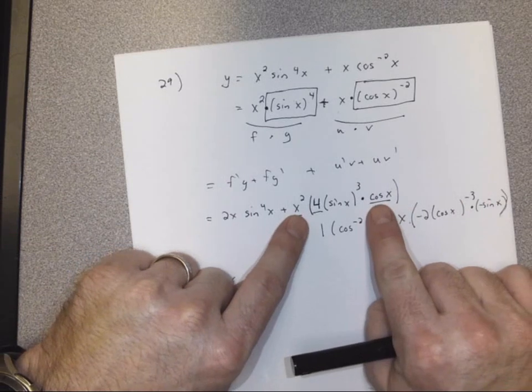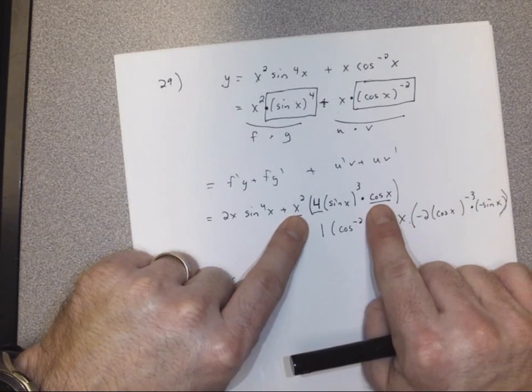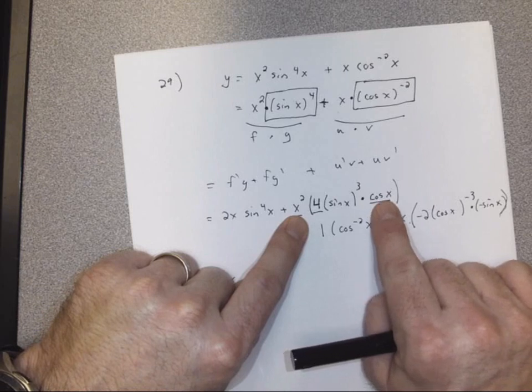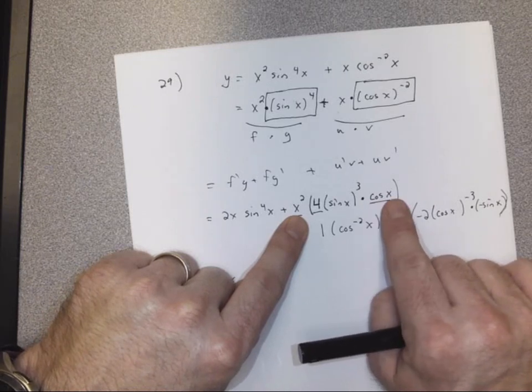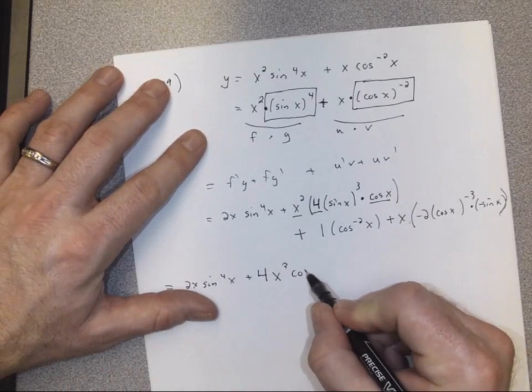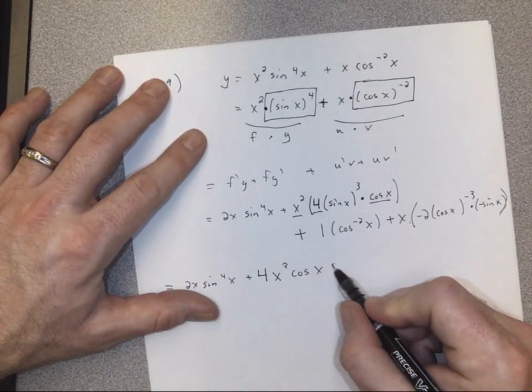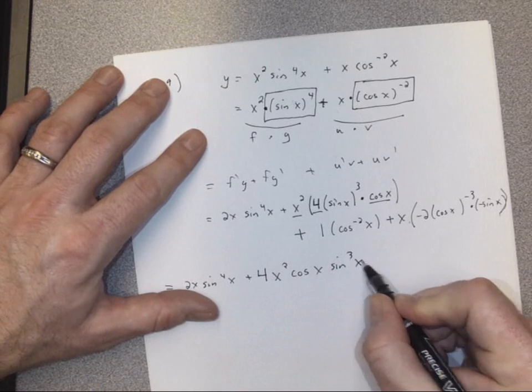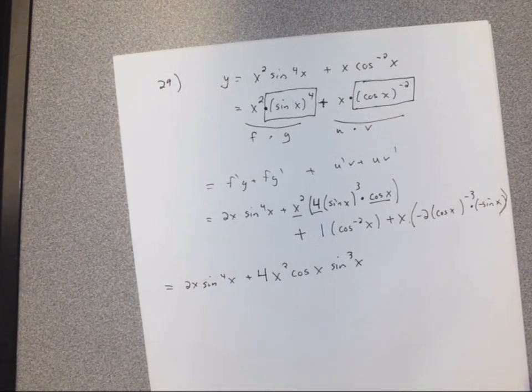And then when it comes to x squared and cosine, I like the polynomials to come before the trigs. Because I don't like to say the cosine of x followed by x squared, because you might think I'm saying the cosine of x cubed. And I know they don't multiply like that, right? So what I'm going to do is put the x squared next, the cosine of x next, and then I'm going to use this sine cubed last. Now the preference is just mine. It's all multiplication, so order is irrelevant, right?